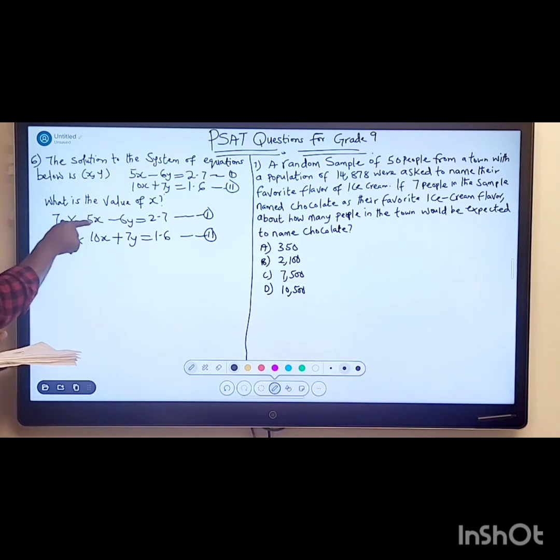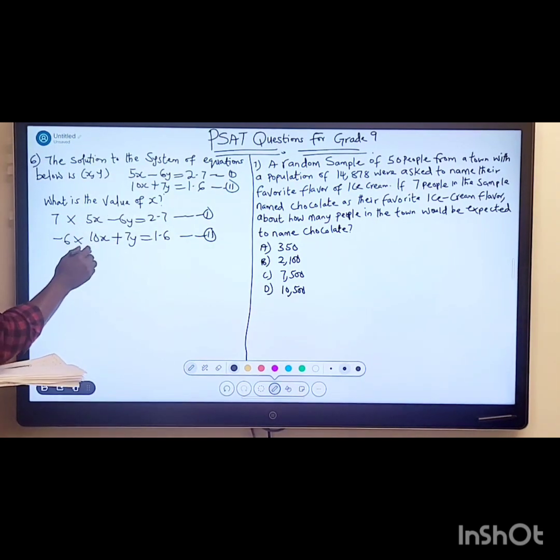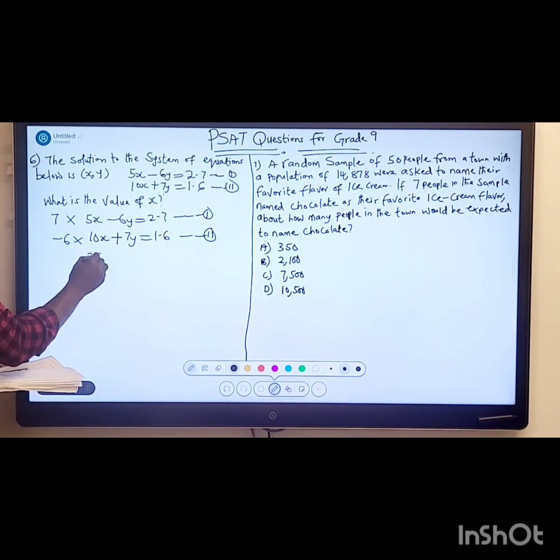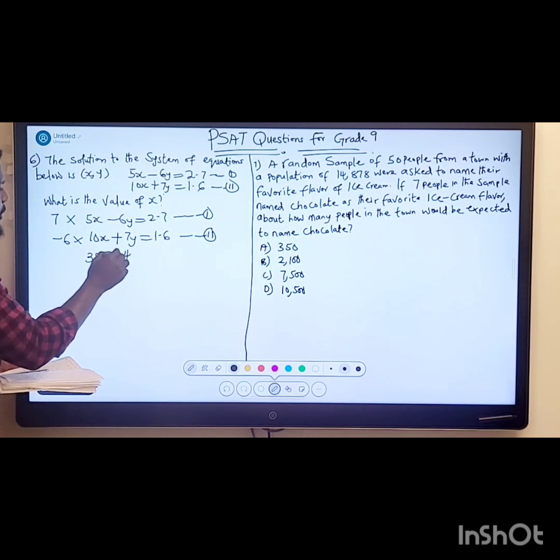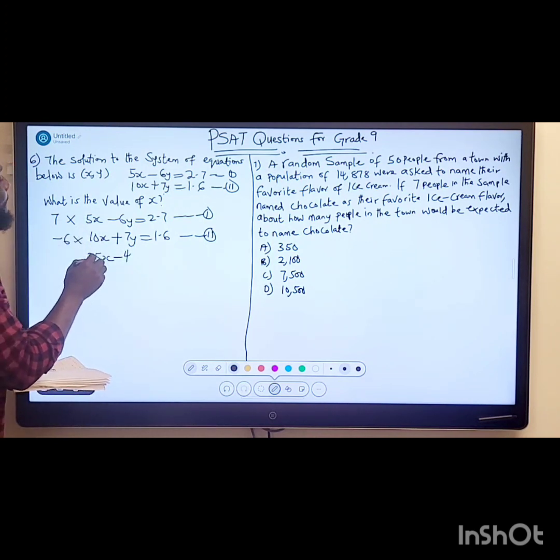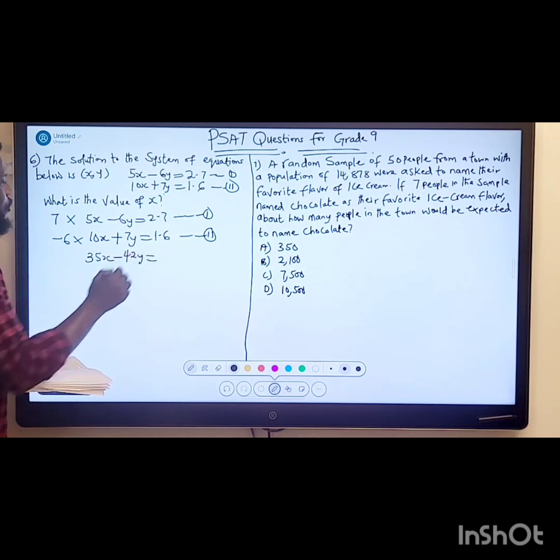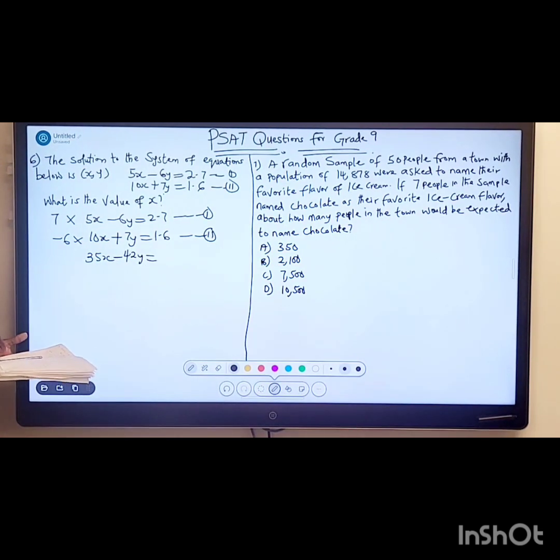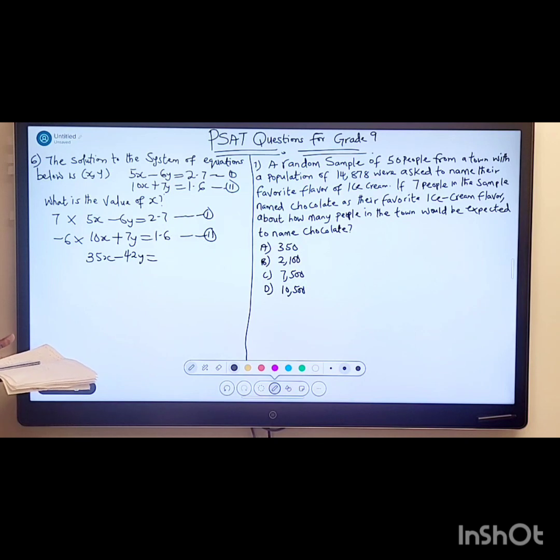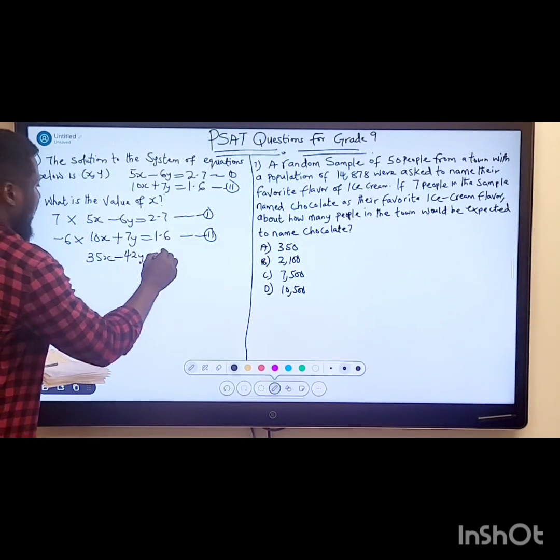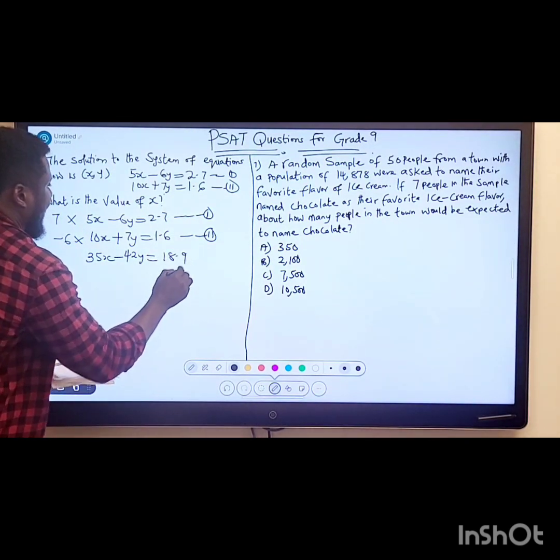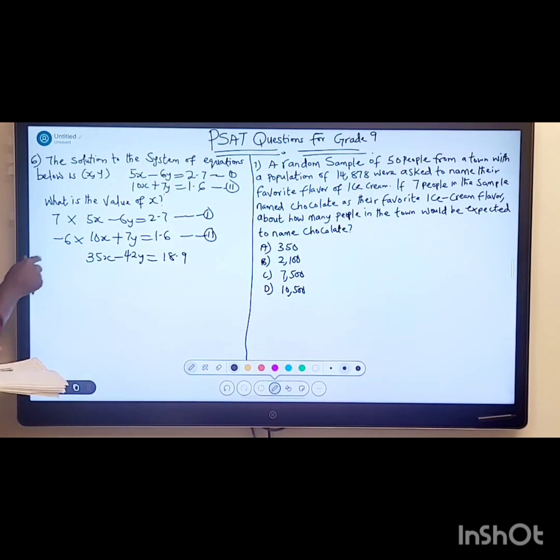Let's start with this. 7 times 5 gives us 35x. 7 times 6 gives us 42y, equals 2.7 times 7, which gives us 18.9. Now the next one.